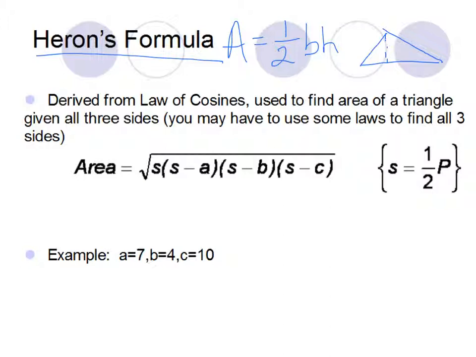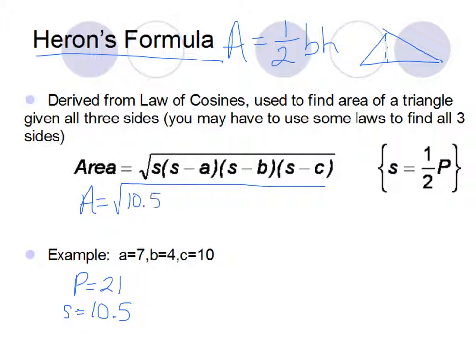So I've got 3 sides. That's 11 plus 10. Okay, so my perimeter is 21. So if the perimeter is 21, then little s is going to be 10.5. Okay, so that's the half perimeter. So if I'm going to put in 10.5 for s, I just plug it in. Area equals big square root. I'm going to put in the s value, 10.5, and then I'm going to have 10.5 minus a.